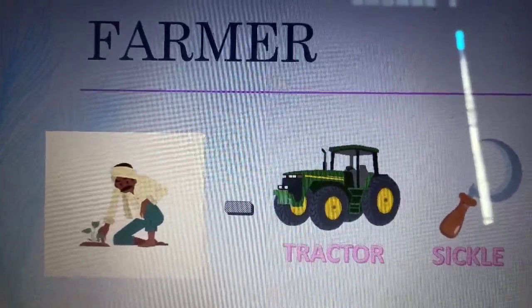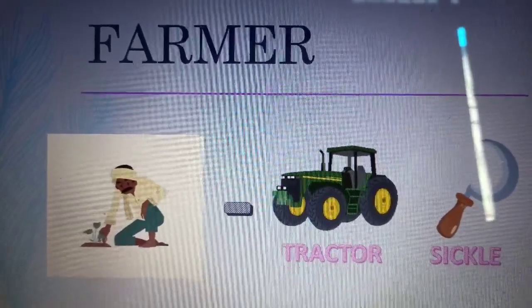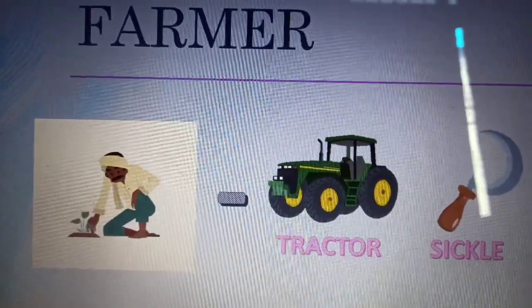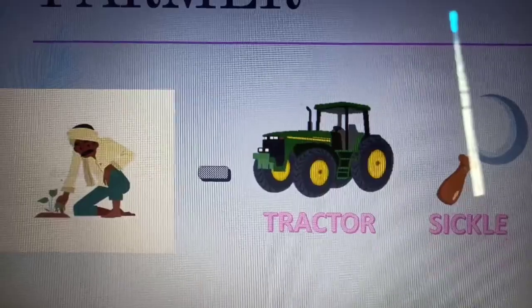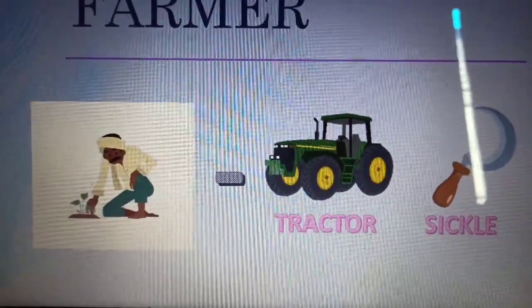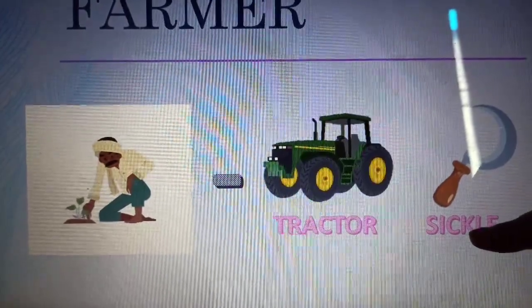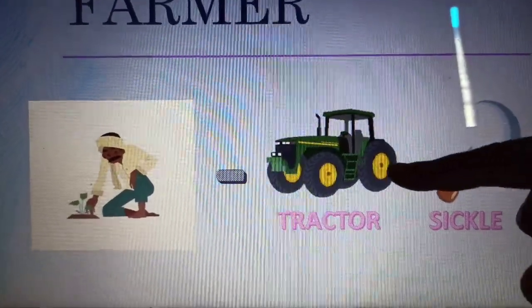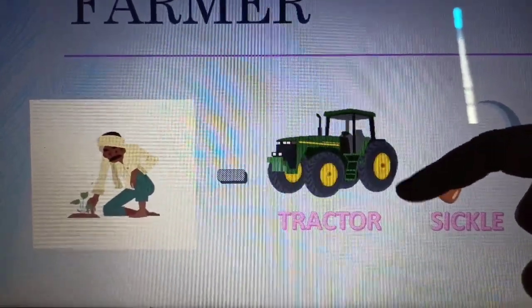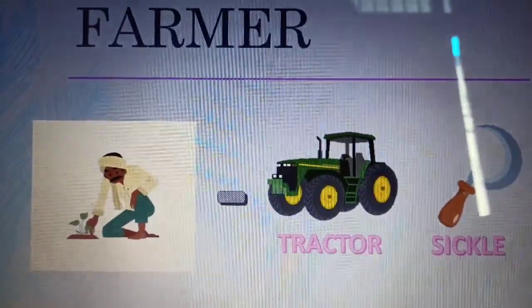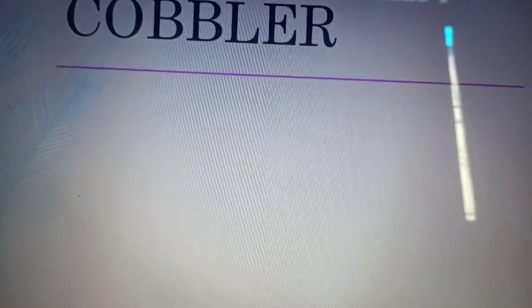So there are many things, but here if we want to know the main things, why does a farmer use sickle? Because he has to cut the crop, and tractor for his field.